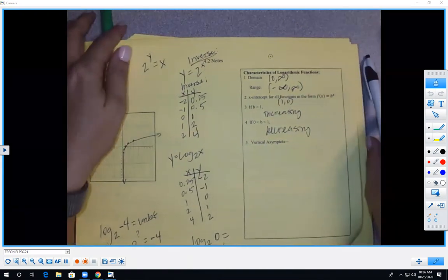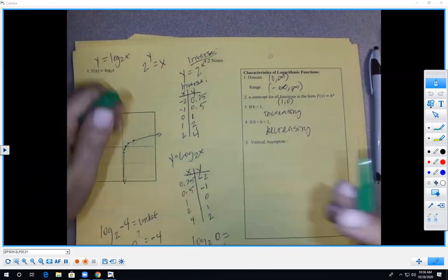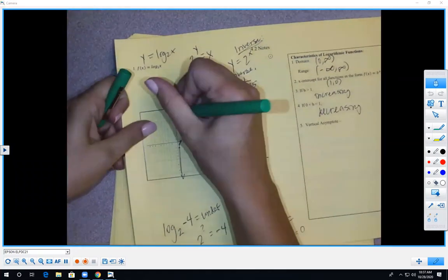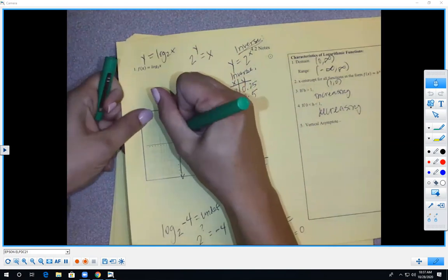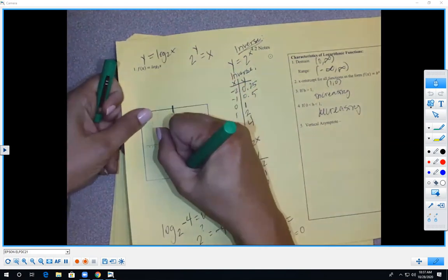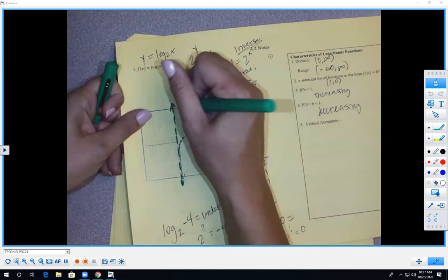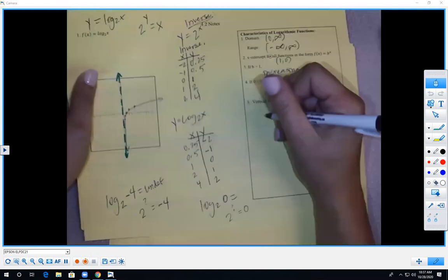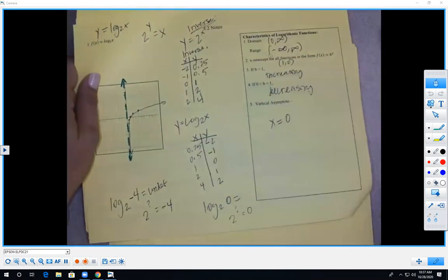Do I have a vertical asymptote here? Yeah, technically right here on the y-axis, right? Because it can't equal 0 and it can't be negative numbers. So I have a vertical asymptote at x equals 0, which is the y-axis.